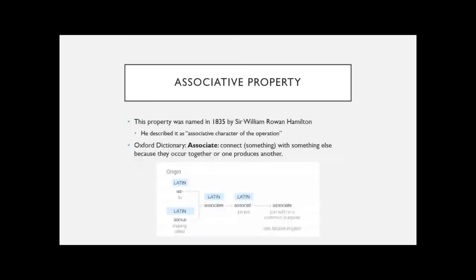So the associative property is one of the basic rules that allow us to do a lot of things with math and a lot of things with algebra specifically. I looked into the history of this rule, and it was named in 1835 by an Irish guy named Sir William Rowan Hamilton. He basically said this is what the rule is, and he called it the associative character of the operation.